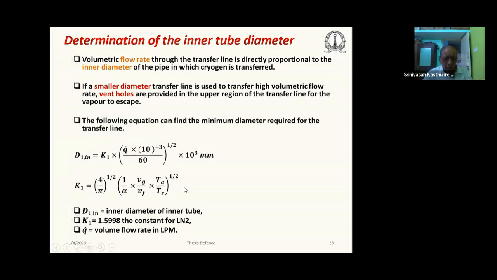But anyway, I don't have to worry about all this. This value for liquid nitrogen is about 1.6 roughly. So you substitute this number. If you know the volume flow rate you have to allow through the line, from there you can calculate the inner tube diameter.